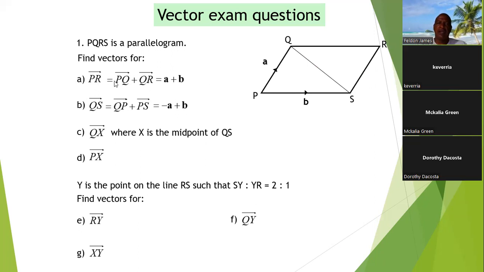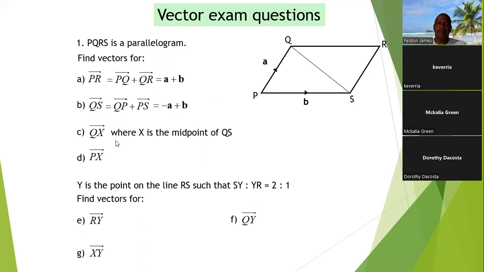So P to R is equal to P to Q and then Q to R. So that's for the first one. And then QS is equal to QP, so Q to P and then P to S. That's minus A. So everybody see that?